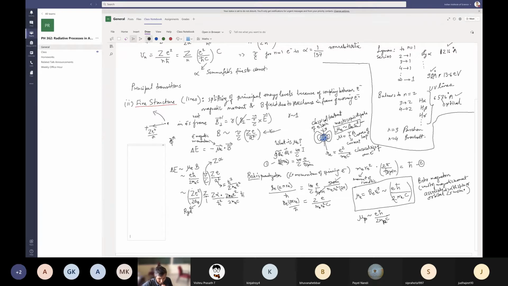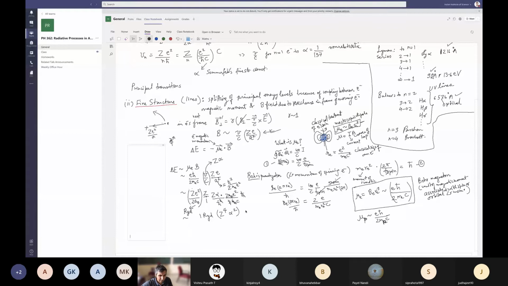So what do we have? m cancels. We have Ze squared. This ħ cancels. So e squared by ħc. We again get this, and this 2 factor went there. So we have 1 Rydberg times Z to the power of 4 alpha to the power of 2. e squared by ħc is alpha.